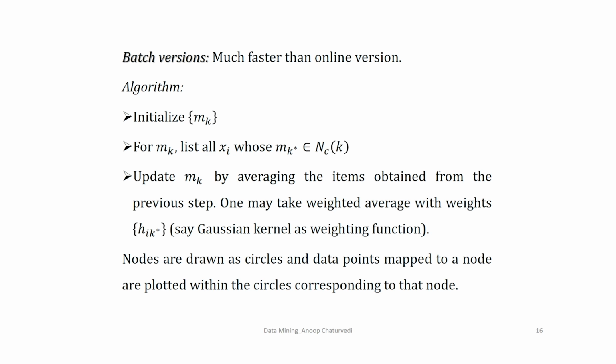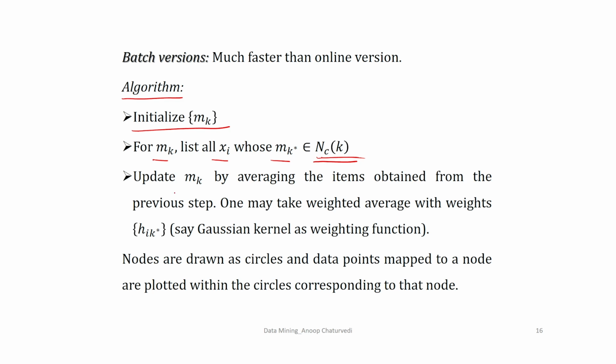The algorithm for the batch version is: first we initialize the mks. For a particular mk, we list all xi's whose mk star belongs to NCK. So mk star belongs to NCK means k star is in the neighborhood of k.